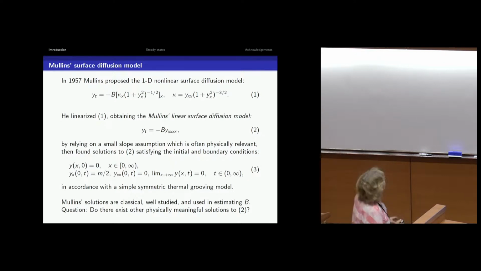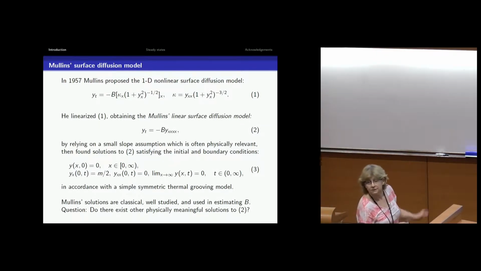And so here again we see once more this 1D nonlinear surface diffusion model of Mullins. This is really the surface diffusion equation in a graph formulation. It's correct, it's just simply 1D. He's the person who gave surface diffusion the name surface diffusion, in this 1957 paper.